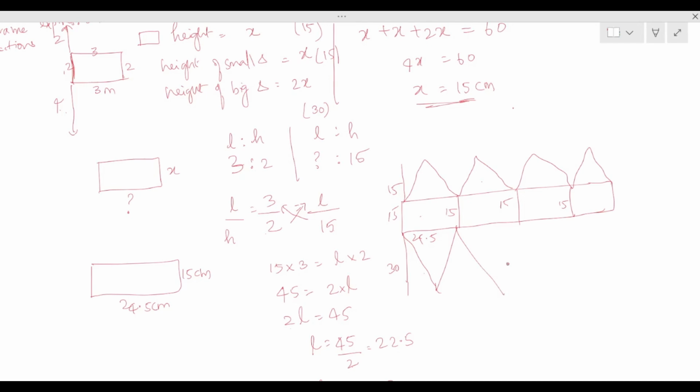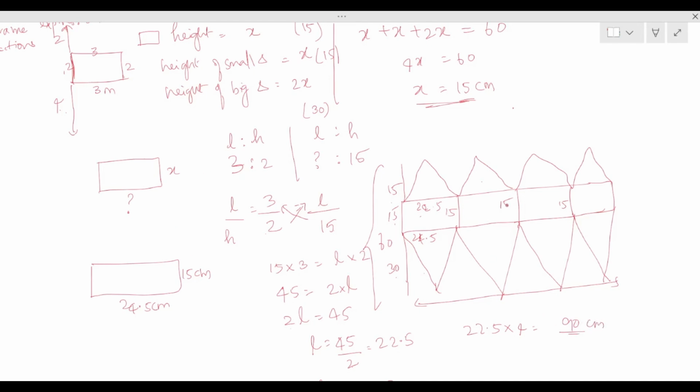Yes, and this is 30. Okay, so in this case, let's check if the height is matching. Yeah, 30 plus 15 plus 15, yes, it is matching 60 centimeters, and this is 22.5. So with the length, it has to be 22.5 four times because of the rectangle, and that will make up to 90 centimeters.